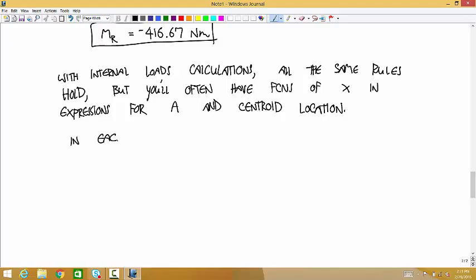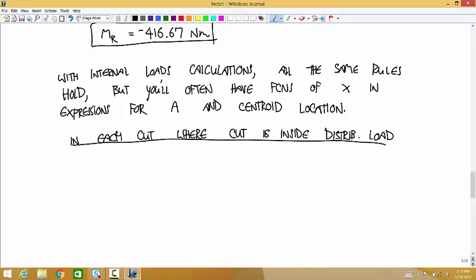So in each cut where the cut is inside a distributed load, here's what you're going to need to do. First, you're going to have to represent the height of the distributed load as a function of x.